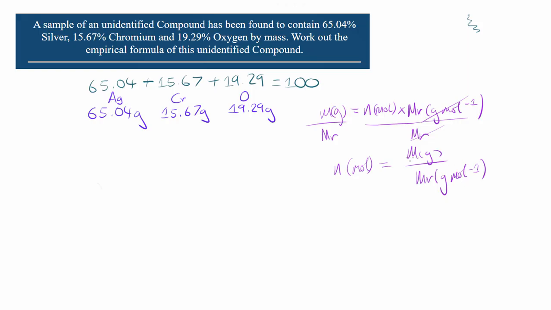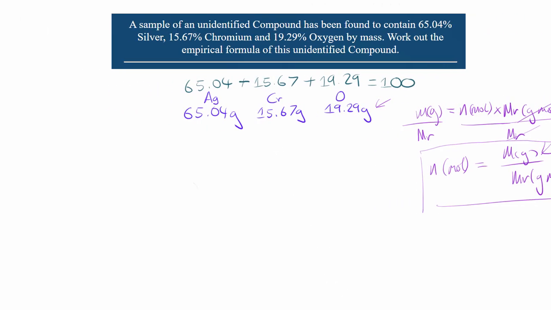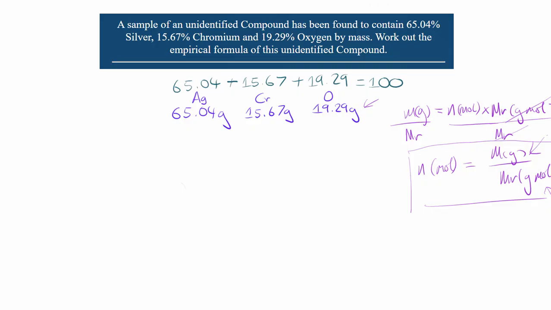So we're using this equation. We've got our masses, and we're going to divide them by their respective molar masses, which we get from the periodic table. Though in the case of oxygen, you probably know that the relative atomic mass of oxygen is 16.